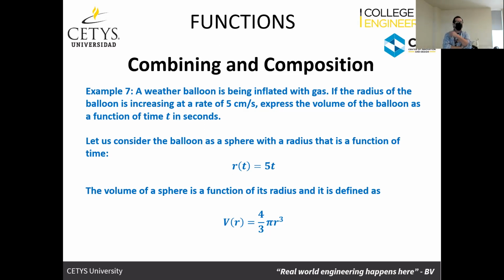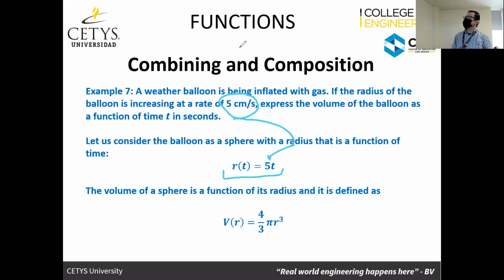So if I want to represent that as a function, the radius of the balloon is a function where this is the constant of the function, which is 5 centimeters per second.